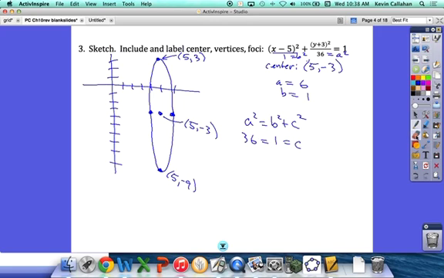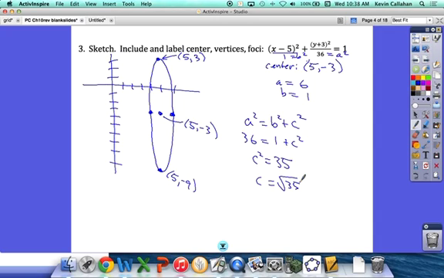That was wrong. Plus c squared. So c squared equals 35. c is the square root of 35.